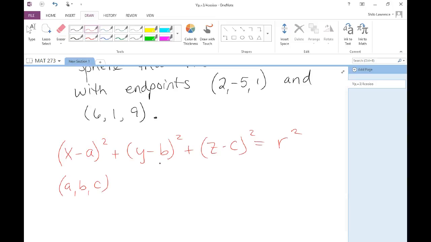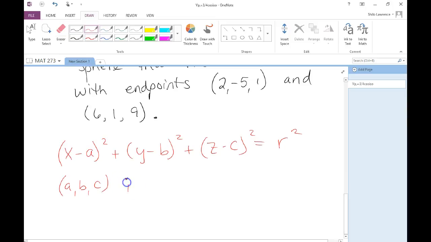Without those numbers, it would just say x squared plus y squared plus z squared equals r squared, and we would say that's a sphere centered at the origin. If there's nothing being subtracted, then it's at the origin. The subtractions inside, back from algebra class, if you subtract either inside of the function or outside of the function, it's going to do a horizontal or a vertical shift. So that's exactly what it does. It shifts the origin of the circle.